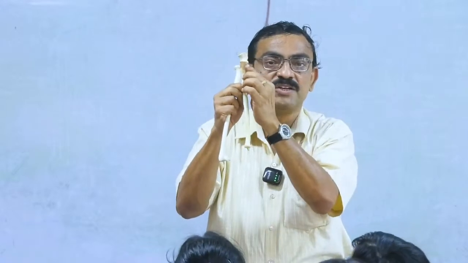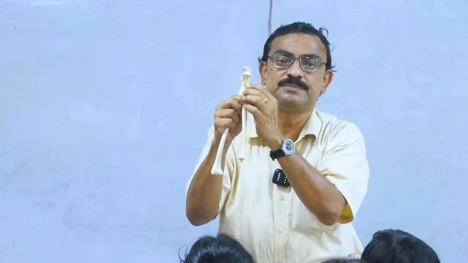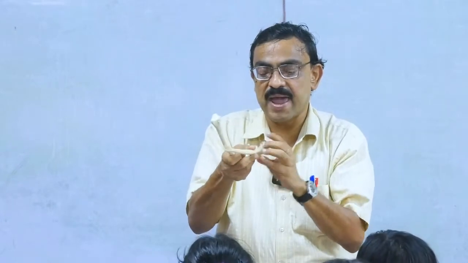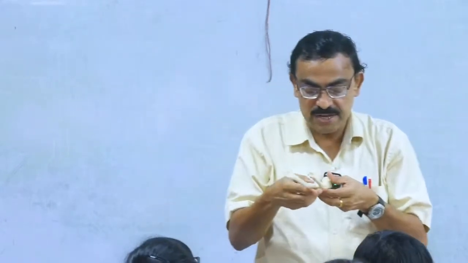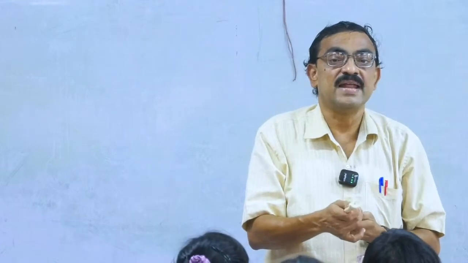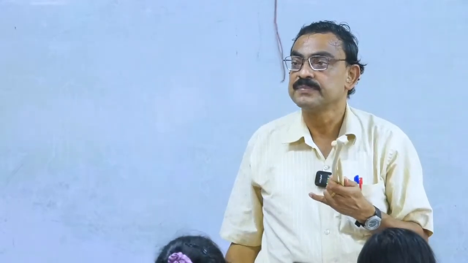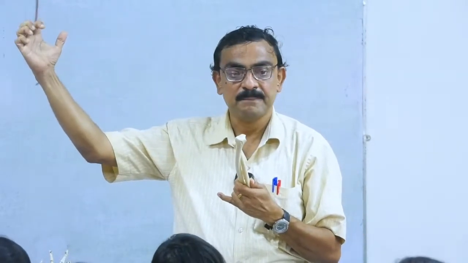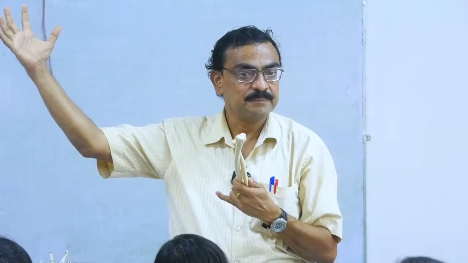On the medial side of the ulnar tuberosity we also get a sharp edge. From this sharp edge we get origin of a very important muscle, the superficial flexor of the forearm, that is flexor digitorum. Flexor digitorum means the flexor which causes flexion of the digits.